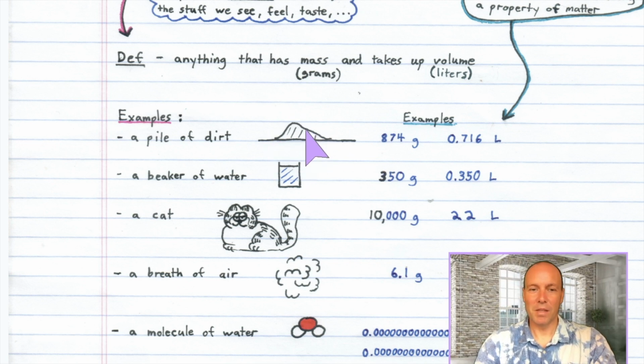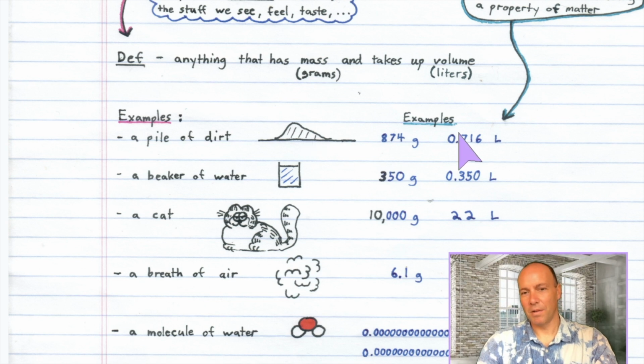So maybe if you take this dirt and you pour it into a container, you can see that it occupies 0.716 liters. So these are the measurements describing the mass and the amount of space that the dirt occupies. So therefore, this is matter. It can be weighed and it takes up space.